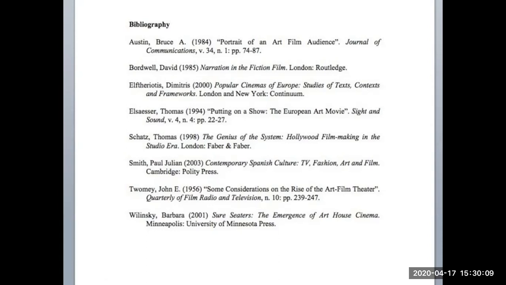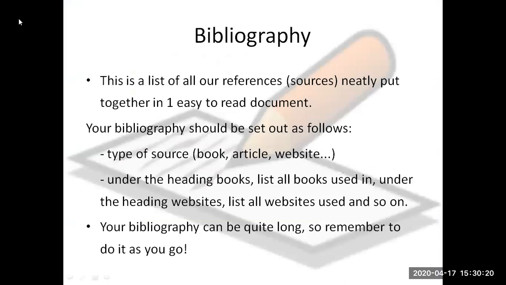Yeah, so if you can do it that way, that would be fantastic. But yeah, that's a little bit about bibliographies, okay? And yeah, there's a little bit of info there as well, okay?